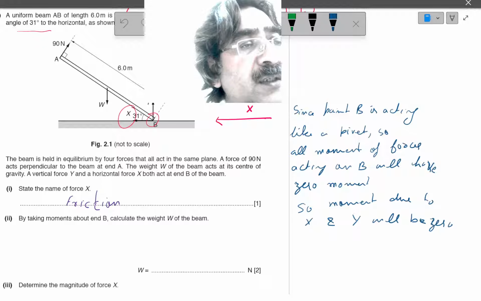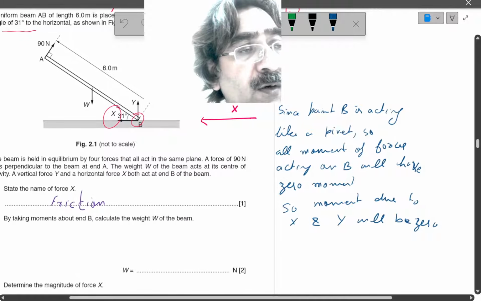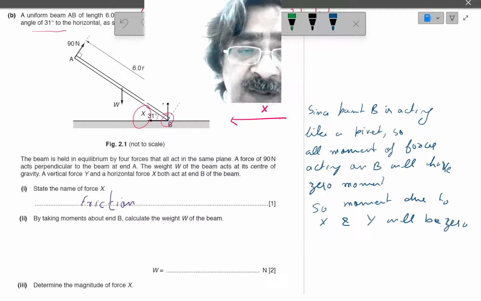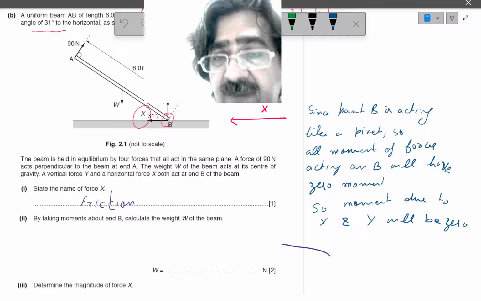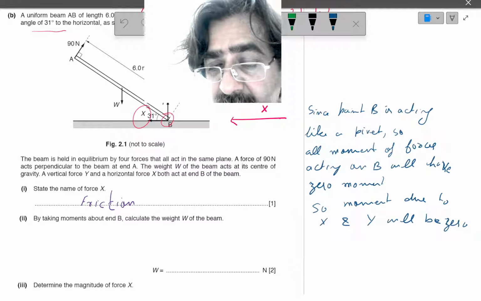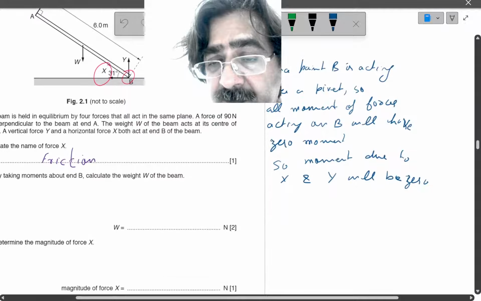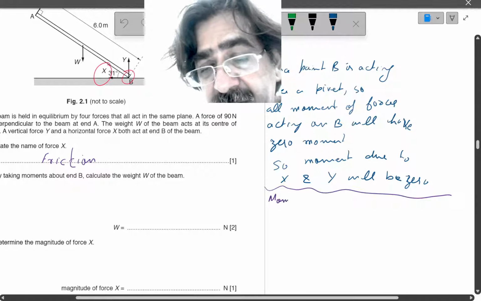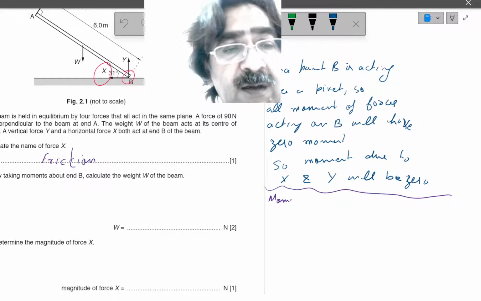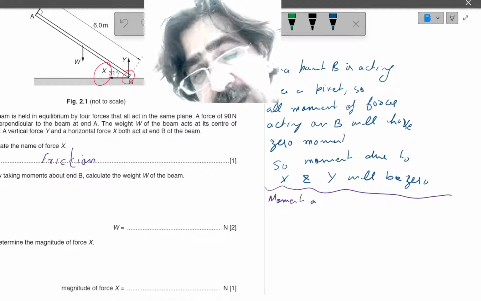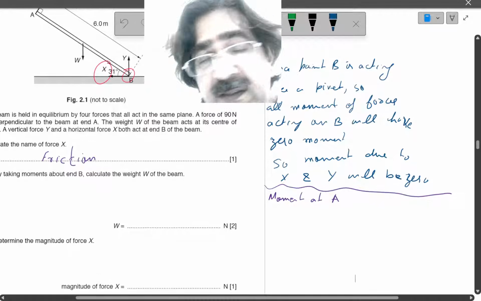So we have to calculate these two moments, the moment at A first.